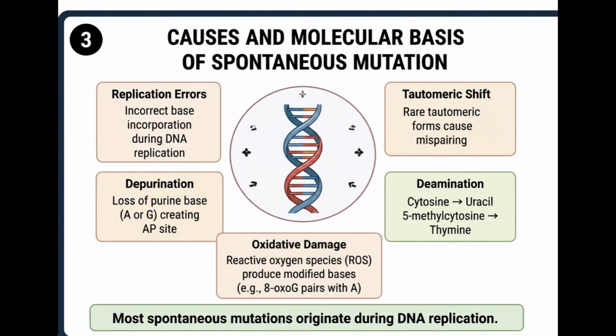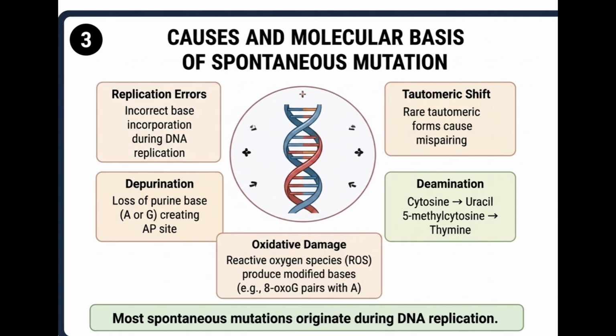Depurination is another spontaneous process in which purine bases, adenine or guanine, are lost from DNA, producing apurinic sites. Deamination is also common. Examples include cytosine converting into uracil and 5-methylcytosine converting into thymine.